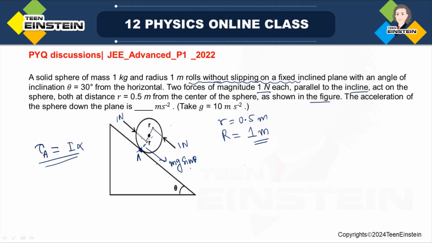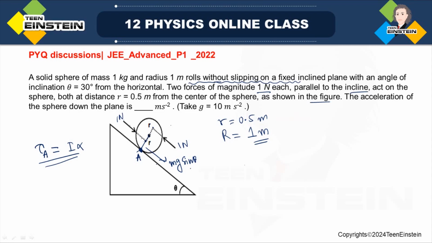So this is the point A, which is the point of rotation, or you can say the axis of rotation passes through this point. So I have to calculate the torque due to these forces from this to this, okay. So the first force, you look, this is actually acting here, okay.